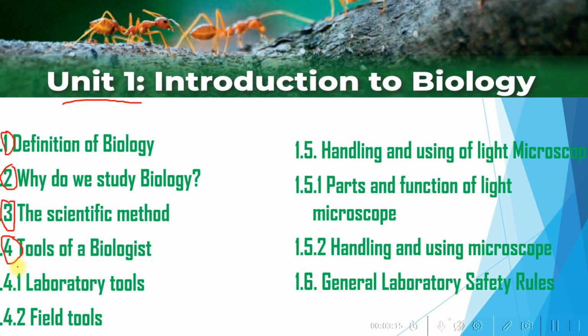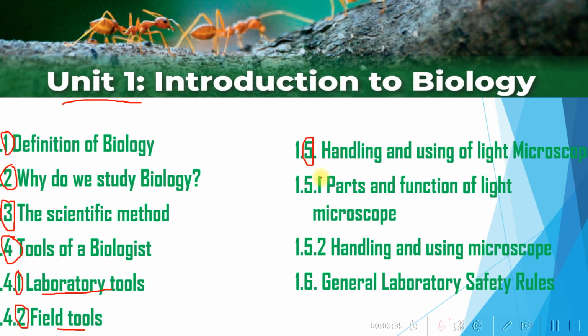These two points, 1.41 and 1.42, are subcategories found under 1.4: the laboratory tools and the field tools. At 1.5, the fifth main point of the unit, handling and using of the light microscope.